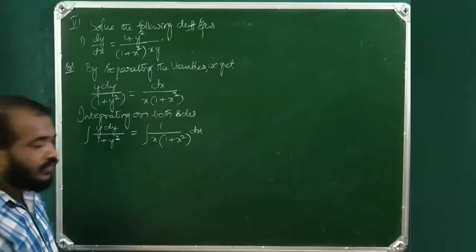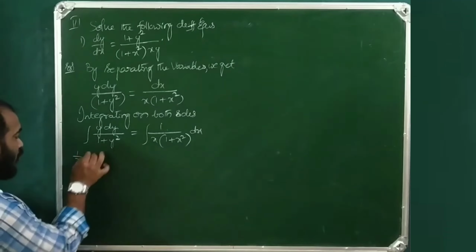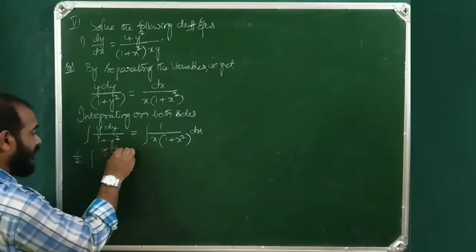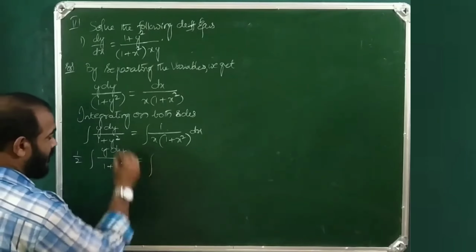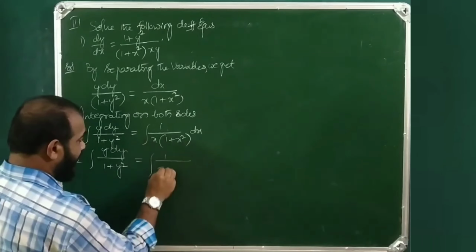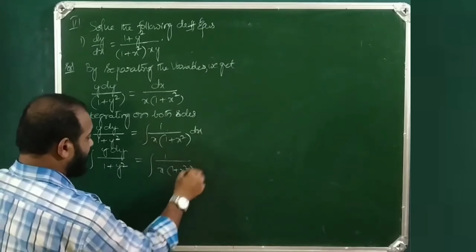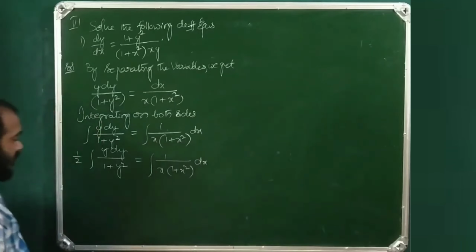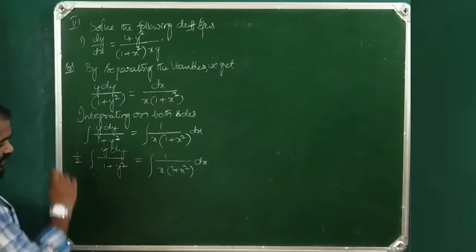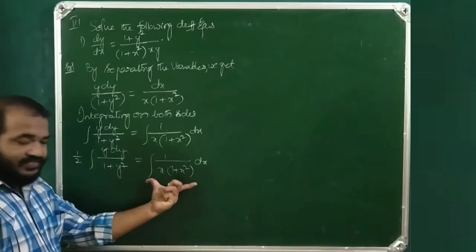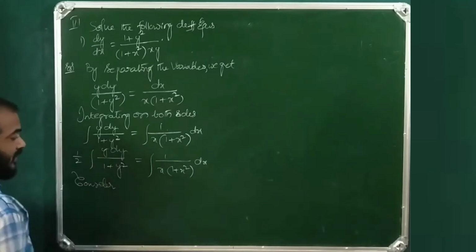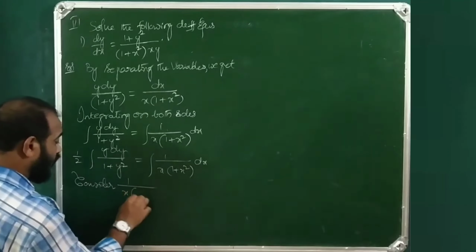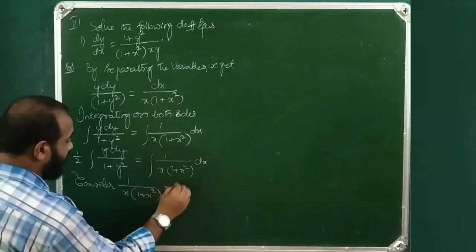So let us do. See here, 1 by 2 into y dy by 1 plus y square is equals to integral 1 by x into 1 plus x square dx. This is easy, let us consider 1 by x into 1 plus x square.